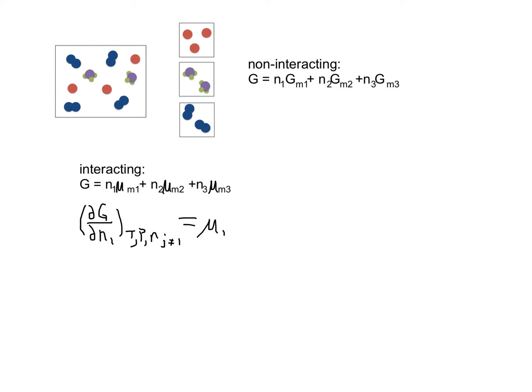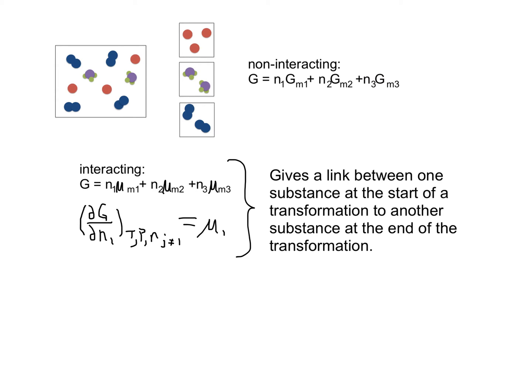The chemical potential is important because it allows us to link one substance at the start of a transformation to another substance at the end of the transformation. That is because the amount and chemical potential of each of the components in the system are linked to the total Gibbs free energy. If I change one of those components, the others have to change in a fashion consistent with the change in the total Gibbs free energy.